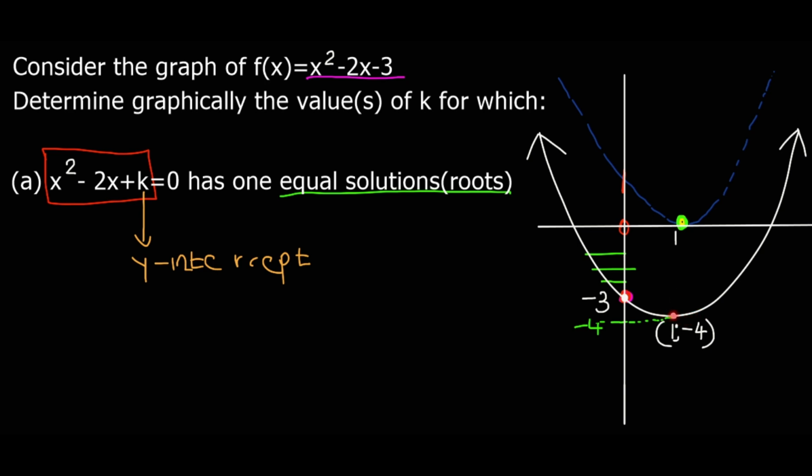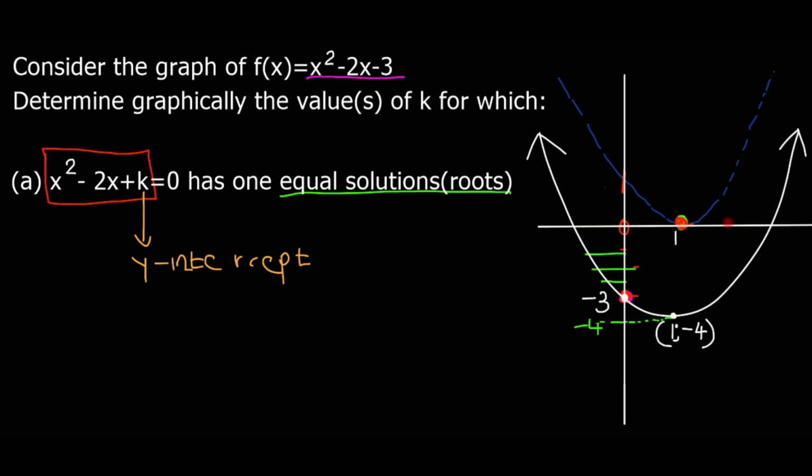The reason we move 4 units up is that we want our graph to be here at this point of -4, because moving from -4 or -3, -2, -1, 0, we moved 4 units up, and then our graph is over here.